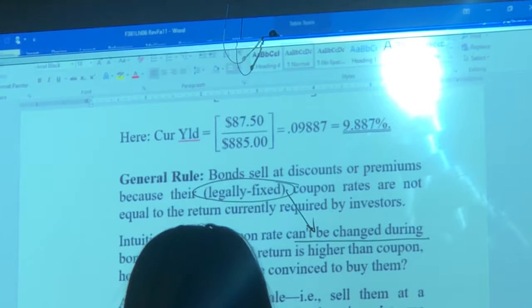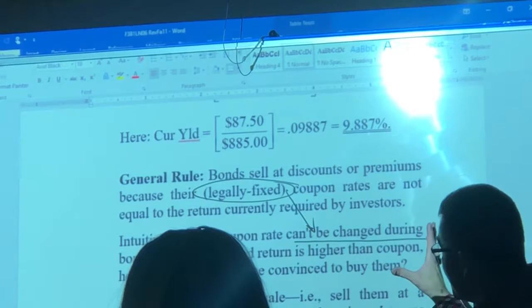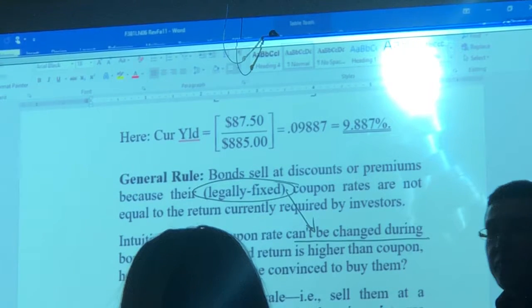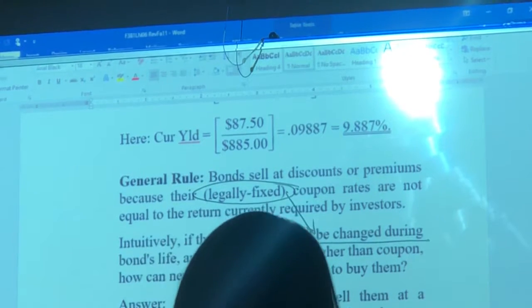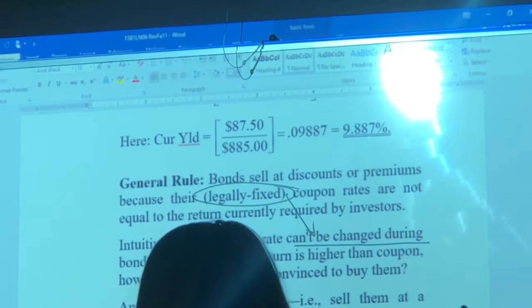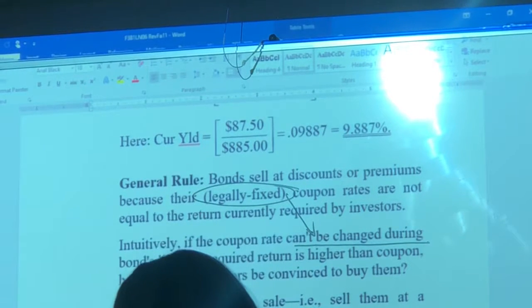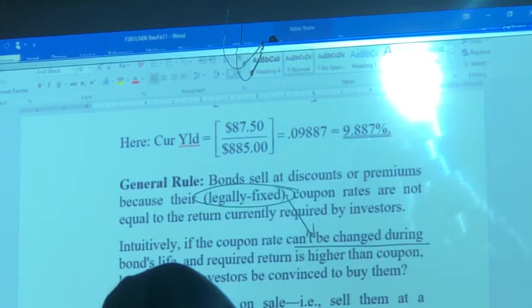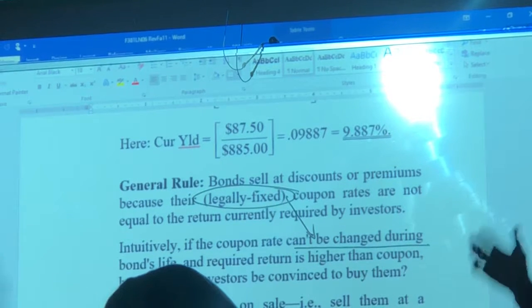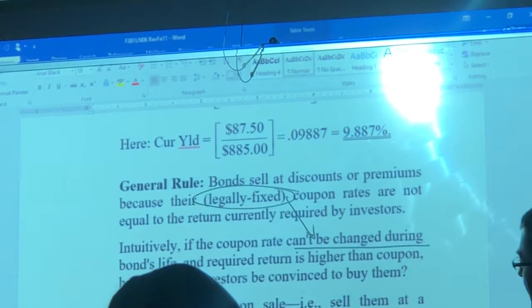Once it's issued at 7.5% or whatever, that's what they're stuck with. If investors' required return goes up to, let's say, 9%, you don't want to pay $1,000 for a bond that's only yielding 7.5%. So the price has to go down.